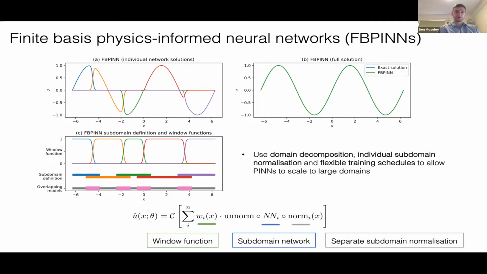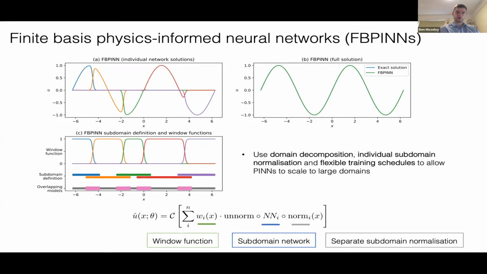We've got a mathematical expression of what the FBPINN is on the bottom there. And so it's an ansatz to the solution to the differential equation. And it's a summation over all of these different subdomain networks. So each subdomain network is describing the solution in its domain. And the way that we confine the networks to each of their domains is through these window functions.